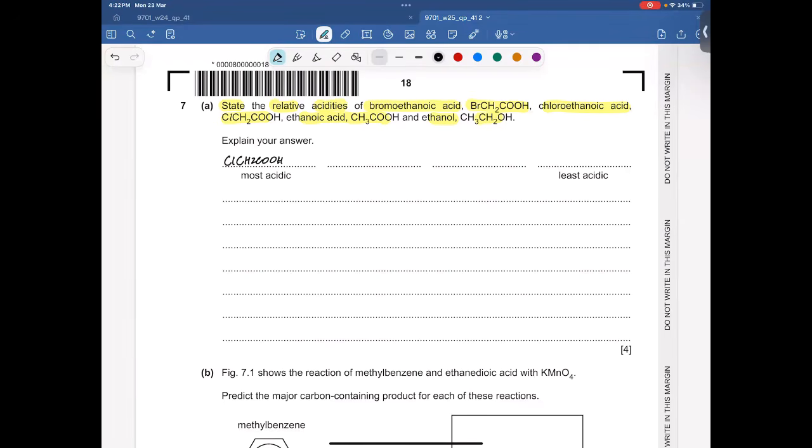Okay. Then bromoethanic acid is lower than chloro. Then ethanic acid is lower than bromo but higher than ethanol. And ethanol is technically neutral. It is the least acidic one.